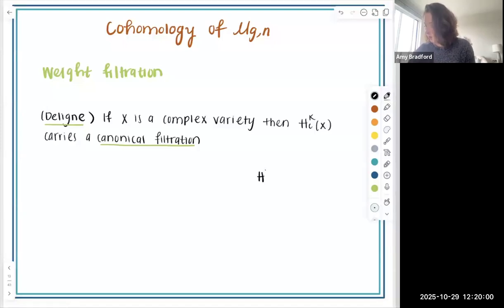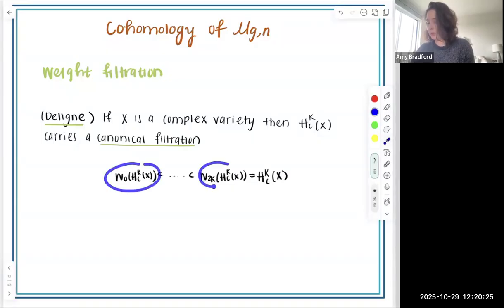We have the full cohomology ring sitting here, but I can filter it into smaller pieces. I'll write this out and then say something about it. We can filter it all the way down, and a lot of times it's easier to study these individual pieces instead of the entire cohomology ring itself.